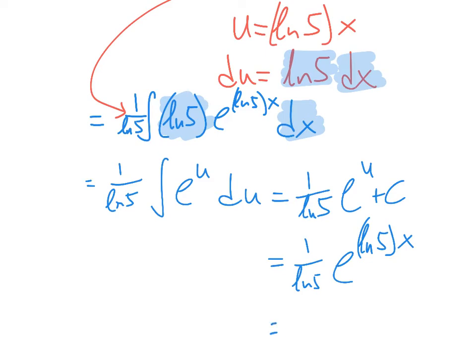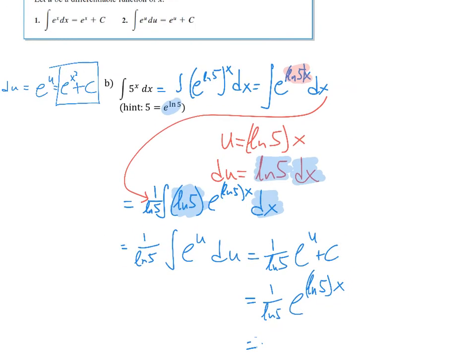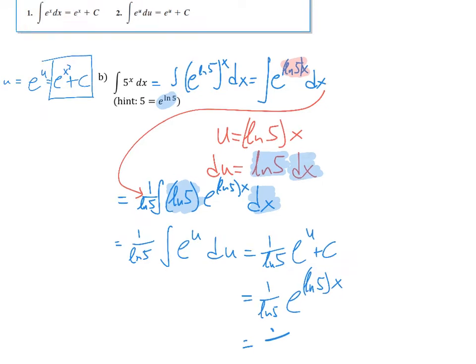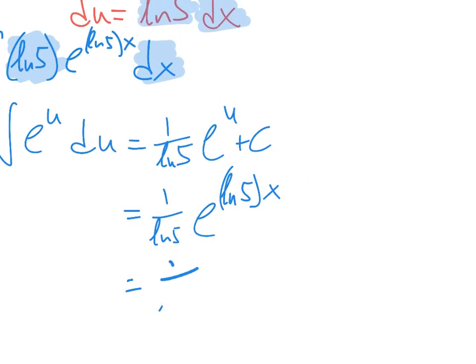Let's go back to what we said at the beginning, e to the natural log of 5x. Well, that was just this. e to the natural log of 5 is 5. So this is 1 over ln 5, I keep saying that backwards.